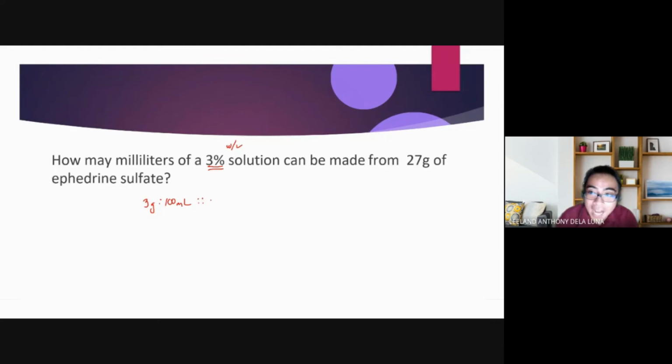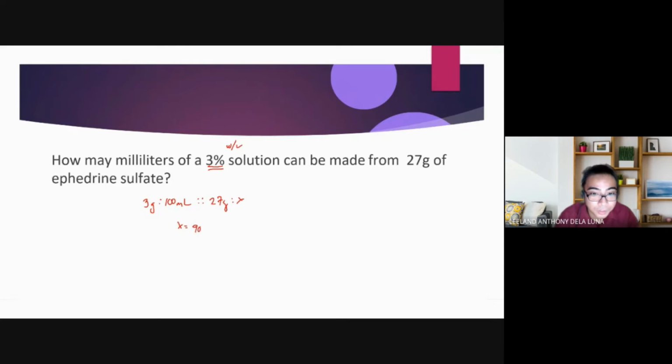Okay? So, kung gagamit ka ngayon ng 27 grams ng ephedrine mo, gaano karami dapat yung solution? So, yun yung X ko. Alright? So, therefore, X equals... Hindi ko na mapakita, pero gets niyo naman na to.